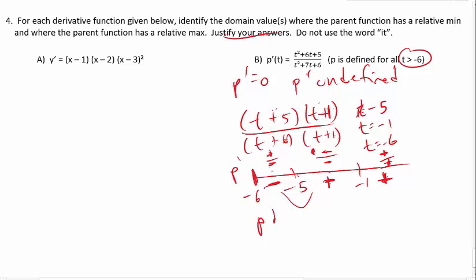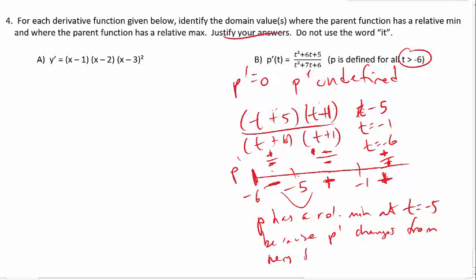So p has a relative min at t equals negative 5 because p prime changes from negative to positive at t equals negative 5. That is our answer. The words around it are our justification.